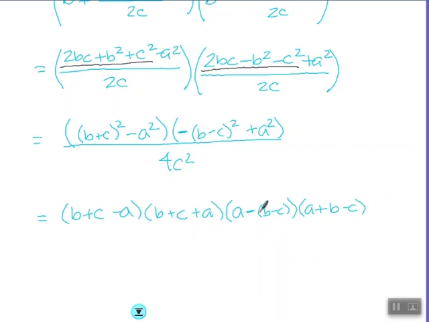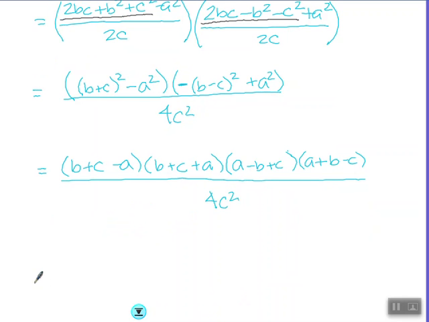Now, I put this extra set of parentheses here so we can be careful with our negatives. If I go ahead and distribute that negative, I have negative b plus c. And all of this is still over 4c squared.